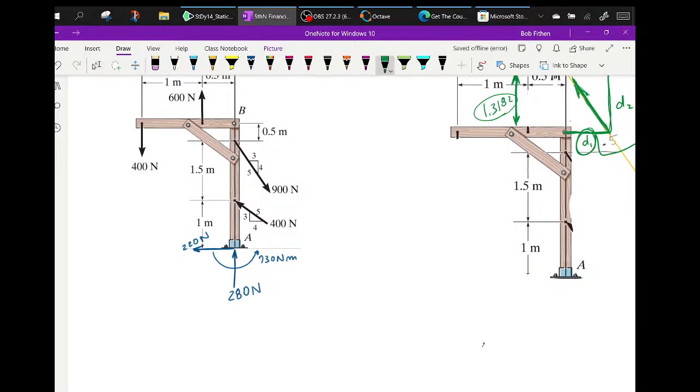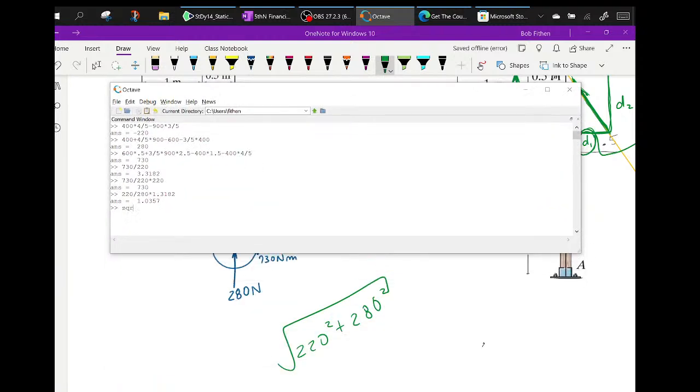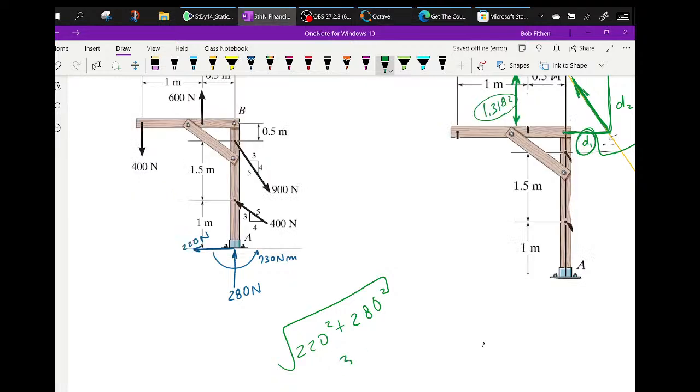He's saying the magnitude should be the square root of 220 squared plus 280 squared. 356. So we're good. 356.08. He threw away the 8. So we check out there.